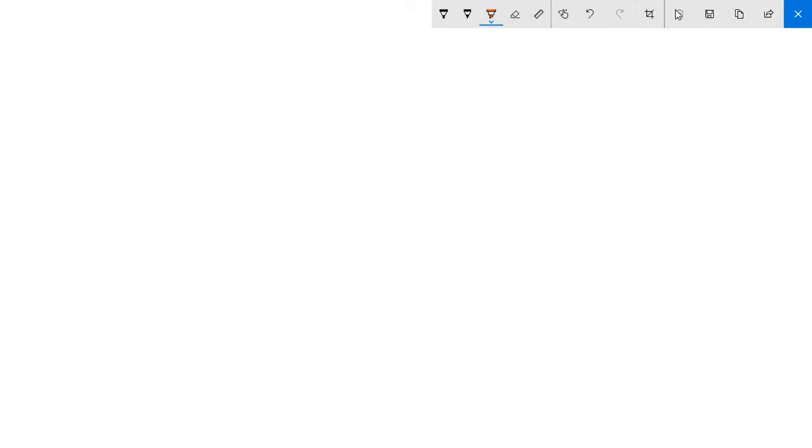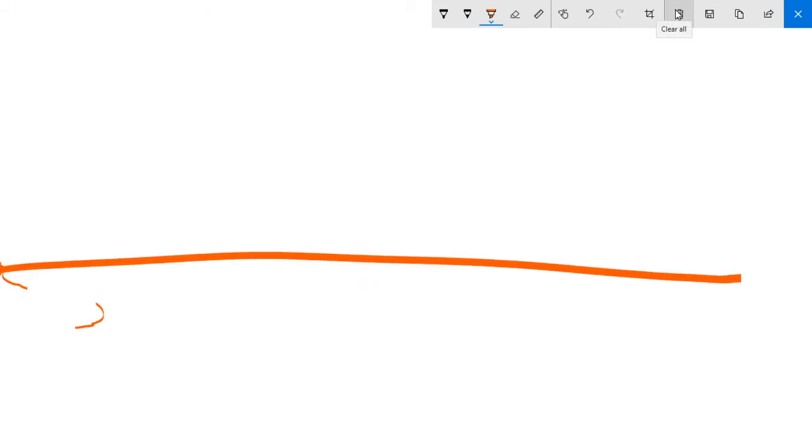For instance, this is the ground. And we have water.